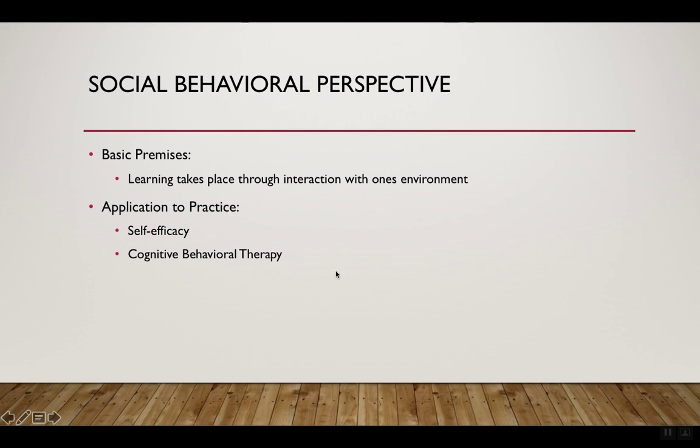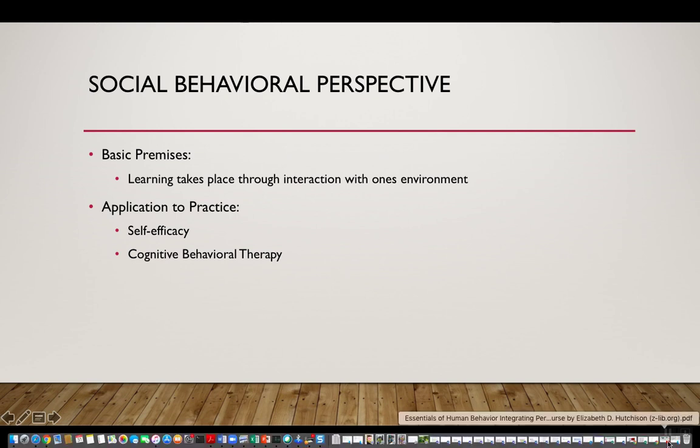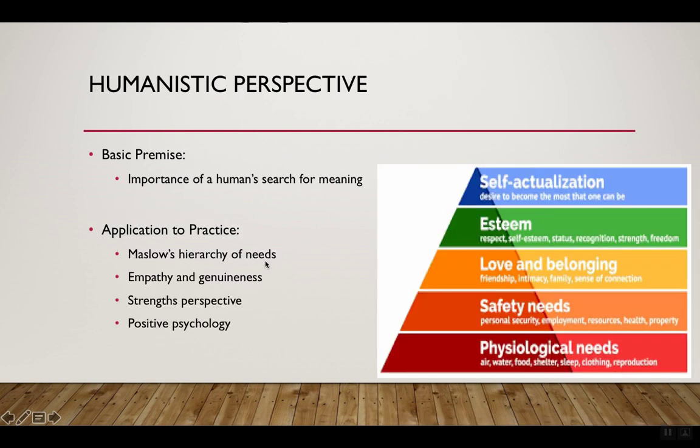And a type of therapy that comes from this perspective is cognitive behavioral therapy, which focuses on encouraging clients to consider their thought patterns and how they may lead to unhelpful or unhealthy behaviors. And then the social worker or therapist works with a client to create new ways of thinking, which can lead to new behaviors.